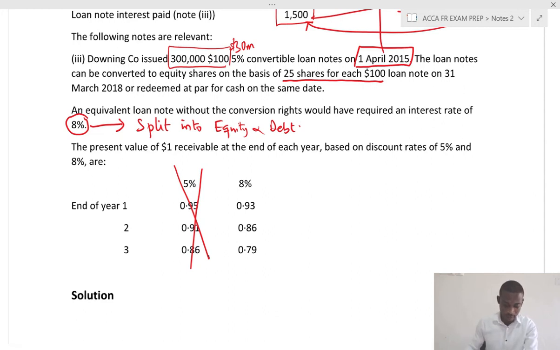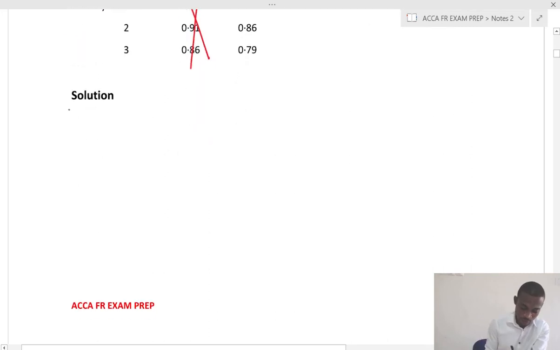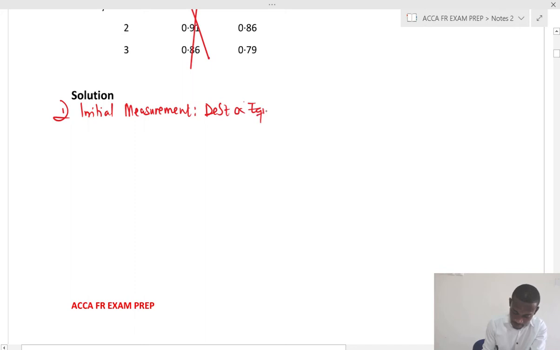So now let's see the accounting, the initial measurement. We want to look at the debt and equity component. So we split, and the way we do that is to discount the cash flows.